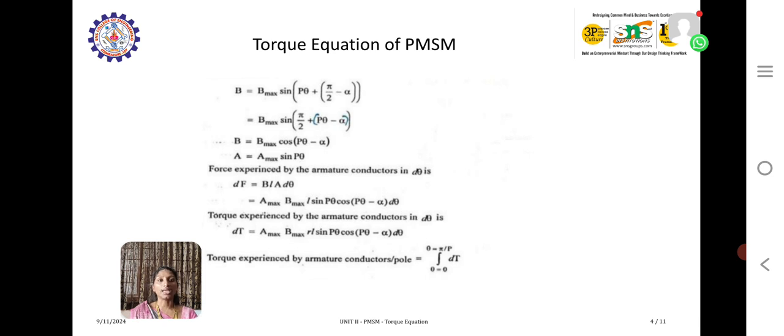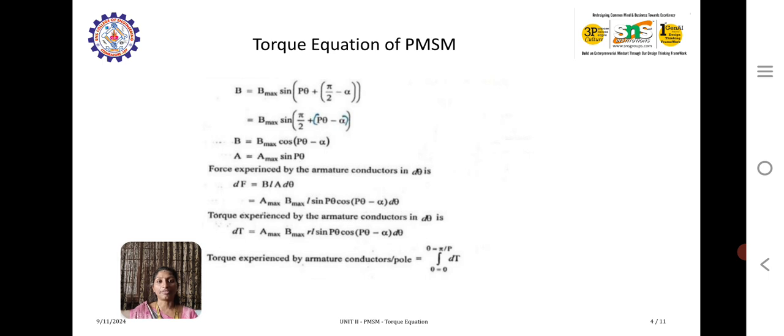Using sin A plus B, this will give B max cos (P theta minus alpha), since sin (pi by 2 plus theta) is cos theta. Similarly, the equation for ampere conductor density gives A equal to A max sin P theta.